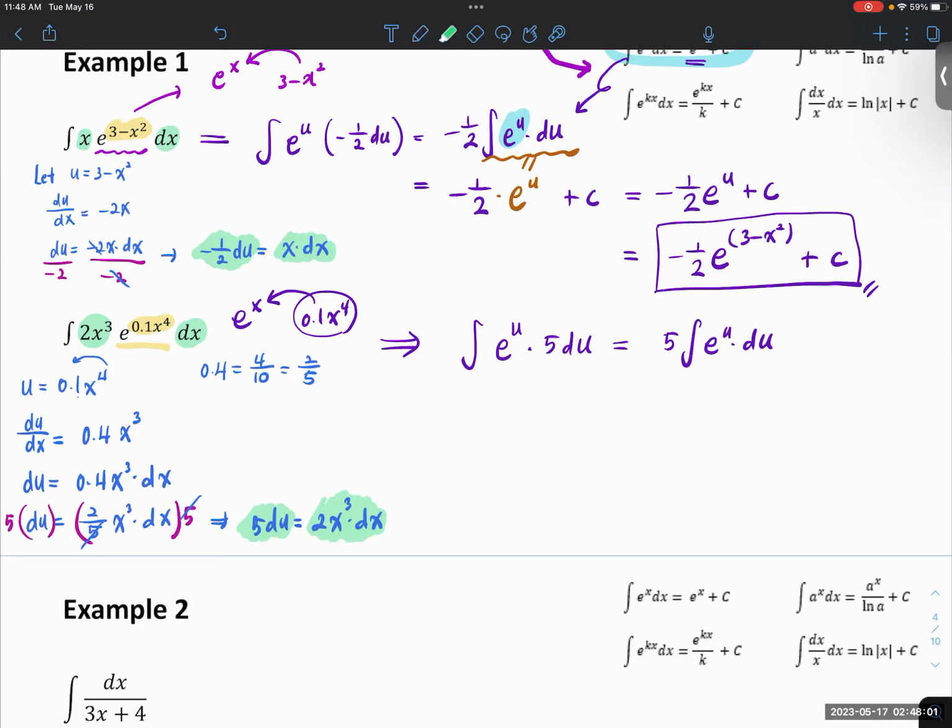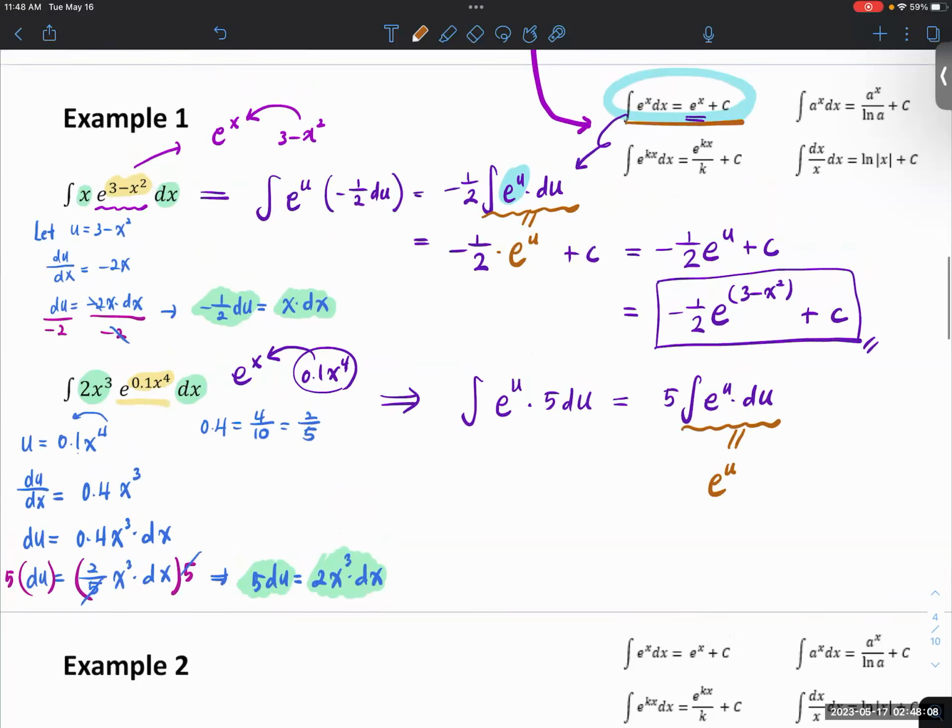Now this part is equal to e to the u, according to number 1. And then we keep the 5 plus c. And you can go back to the x variable: e to the 0.1 x to the 4 plus c. That's your final answer.